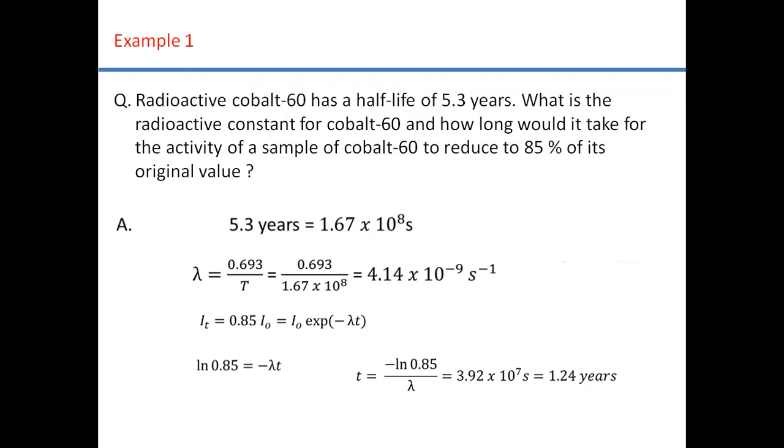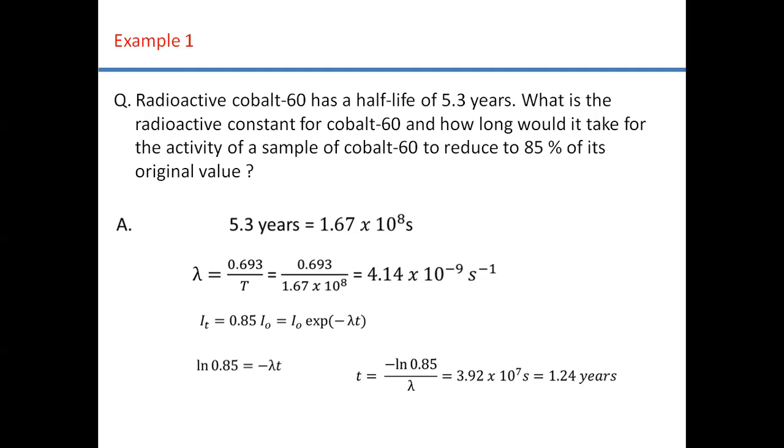Radioactive cobalt-60 has a half-life of 5.3 years. What is the radioactive constant for cobalt-60, and how long would it take for the activity of a sample of cobalt-60 to reduce to 85% of its original value?